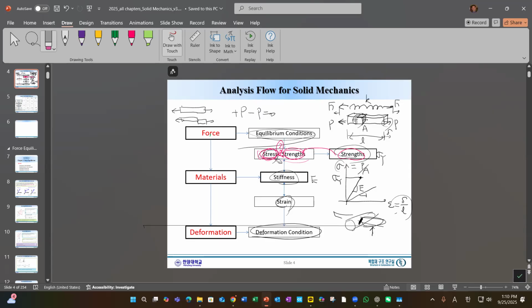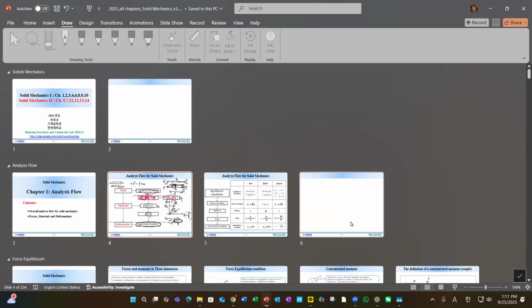We are in the stress category, and the stress will be less than the strength for the structure to be safe without any failure. So we are learning the stress. Again, please keep this flow chart in mind.